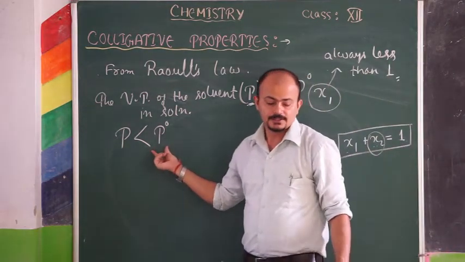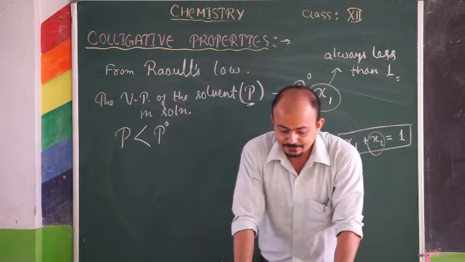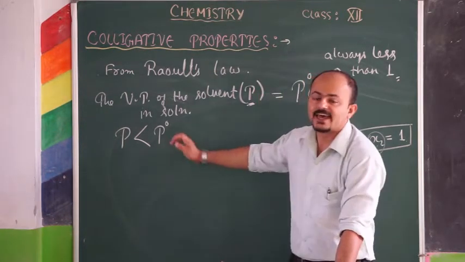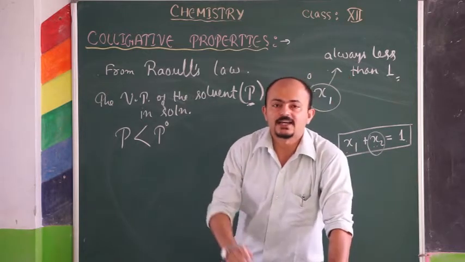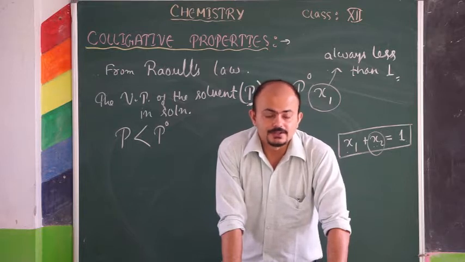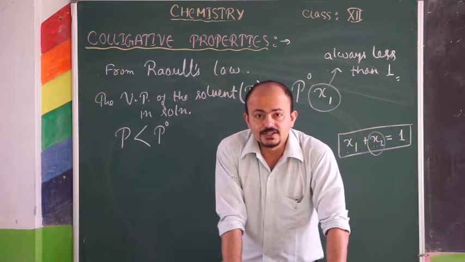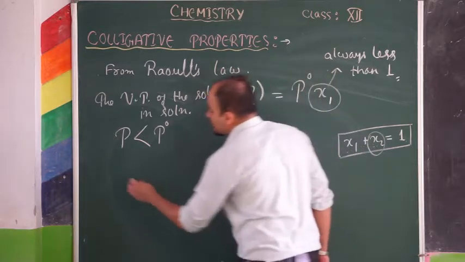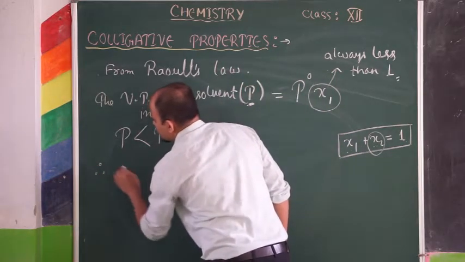P naught. Okay? Now this proves that the addition of a non-volatile solid molecule in the solvent will always result in lowering of the vapor pressure. So we can write like this.